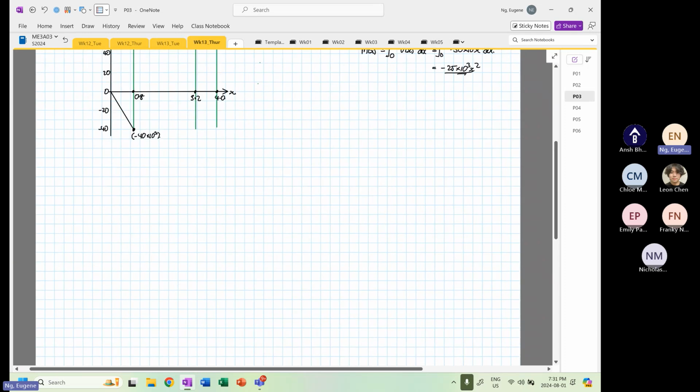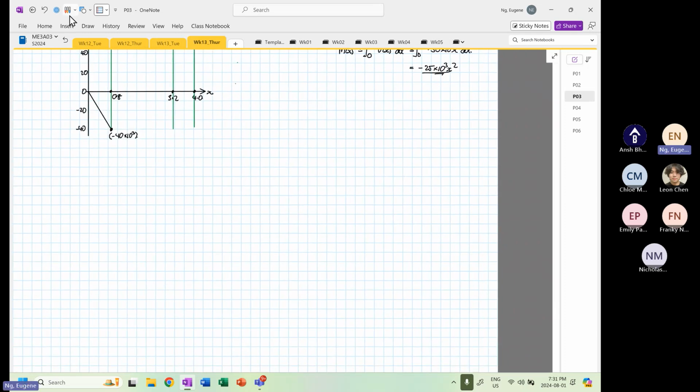So I'm going to bring it lower. So we have our vertical axis.